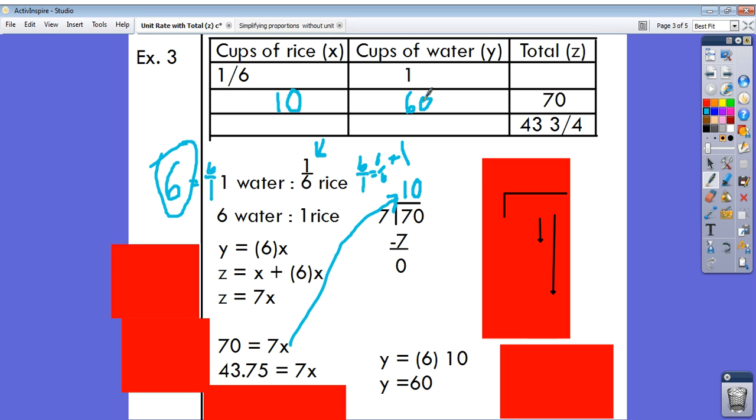Very good. We'll do the whole thing over again for our last one. I have 40.75 equals 7x, because this is my z, and I know z equals x plus 6x, or 7x. In order to get x, I'm going to have to divide by 7 on both sides. Okay, what's it going to look like?